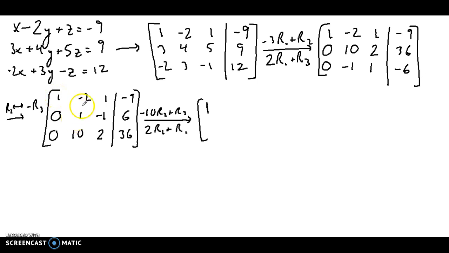Now I take 2 times this plus -2 is 0. 2 times -1 is -2, plus 1 is -1. 2 times 6 is 12, plus -9 is +3. Row 2 is not changing. It's only rows 1 and 3, so we'll leave row 2 the same.